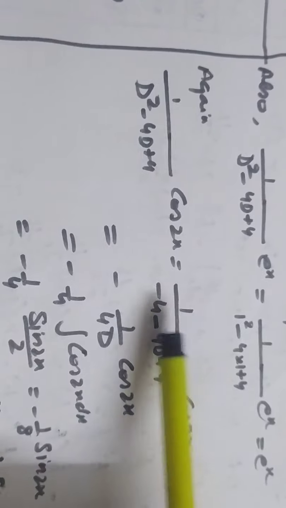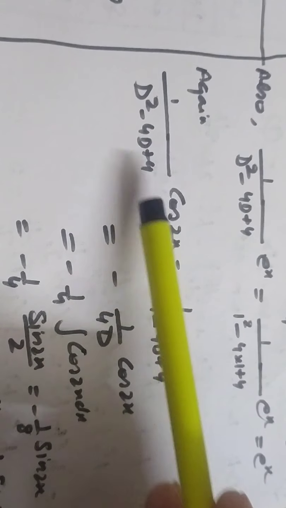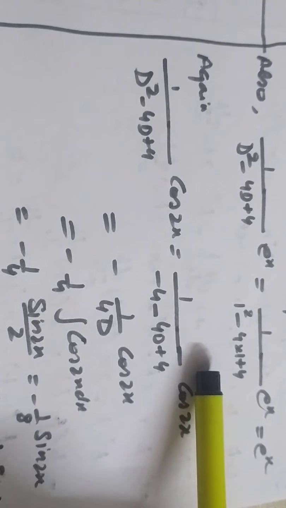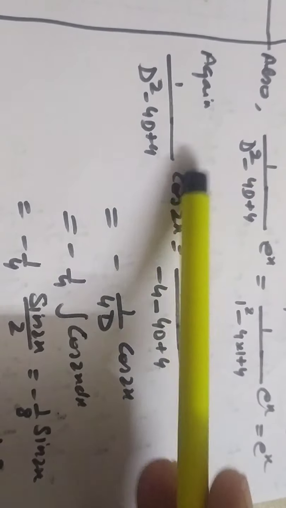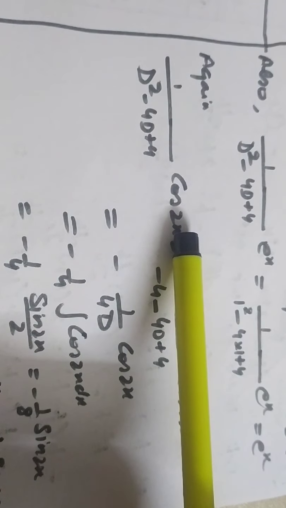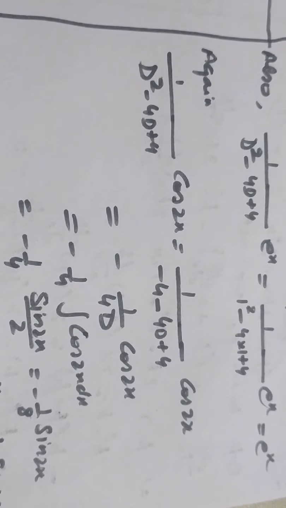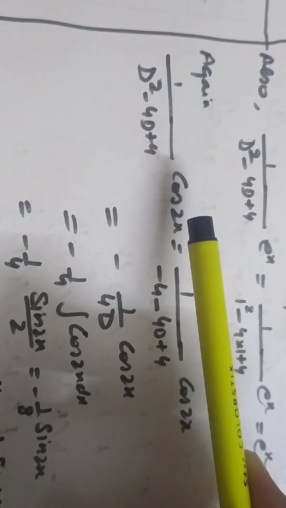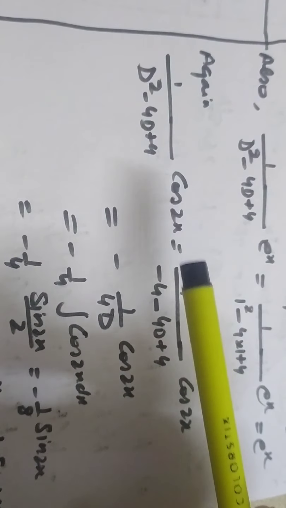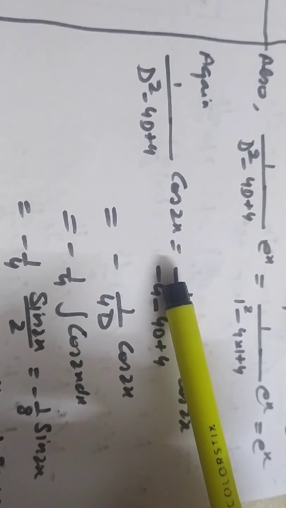Again, you look here: 1 over d square minus 4d plus 4 on cos 2x. Here, this is the trigonometric function cos ax. What you do here is simply replace d square by minus a square, and here the value of a is 2. So you are replacing d square by minus 2 square.